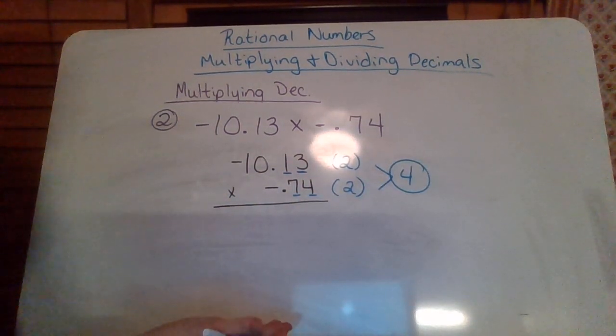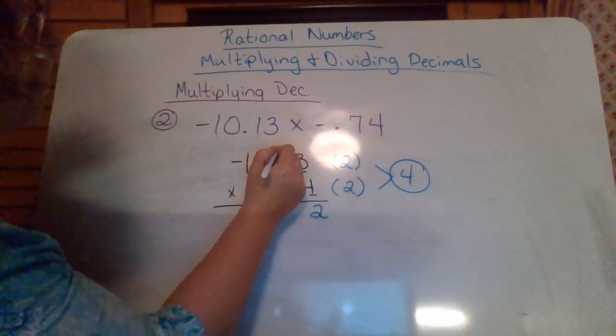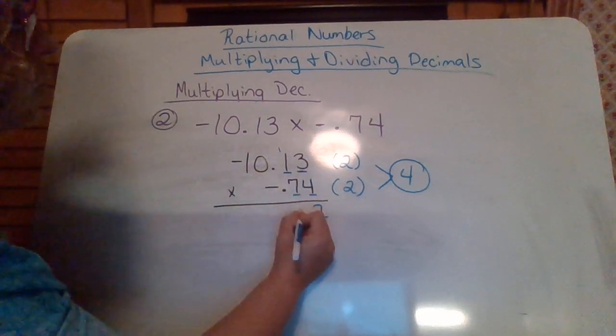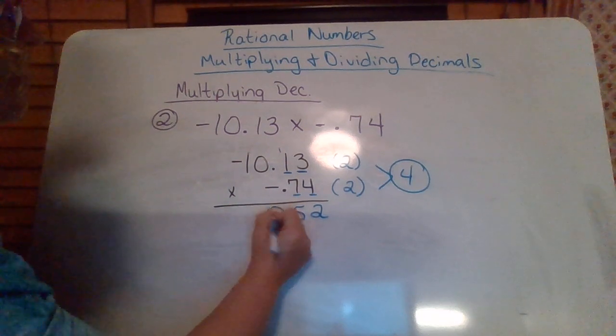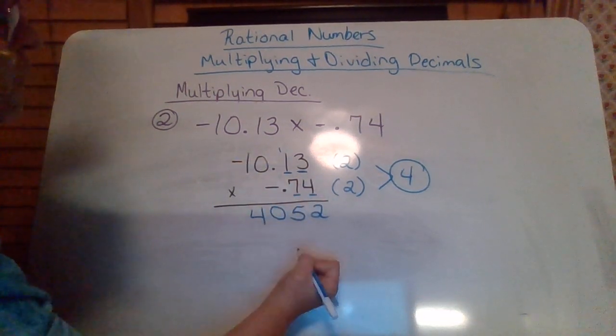Now I'm going to do my multiplication. 4 times 3 is 12. Carry that 1. 4 times 1 is 4, plus 1 is 5. 4 times 0 is 0. 4 times 1 is 4.